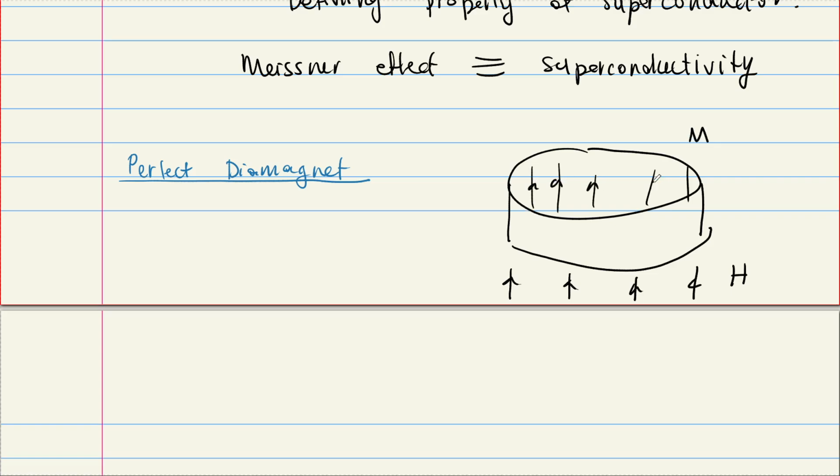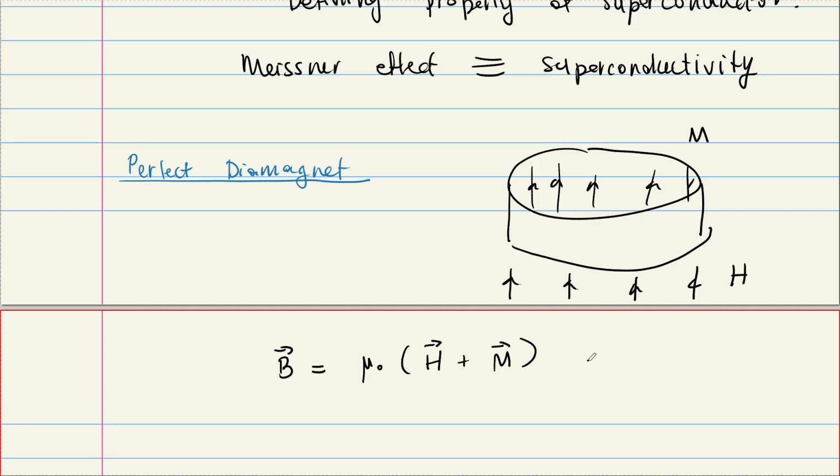So this is the M field, and the so-called B field, sometimes people call it magnetic flux or magnetic flux density. Whichever way you use it, doesn't matter, but B is going to be equal to mu zero times the external H field plus the internal M field.